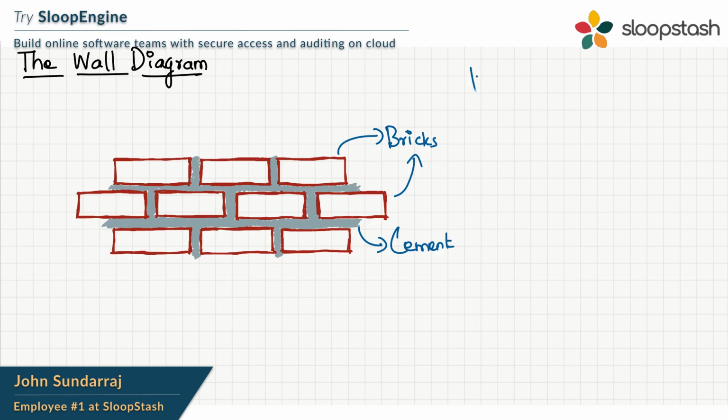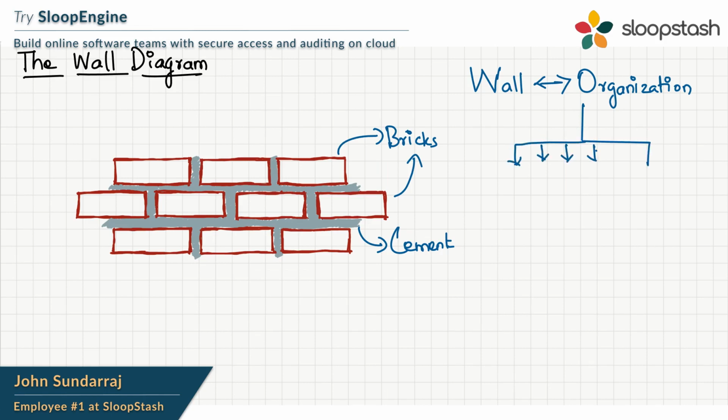Now, let's try to compare this brick wall with an organization. What is an organization? An organization is a structure which is composed of multiple teams. That is a clear-cut definition of an organization.